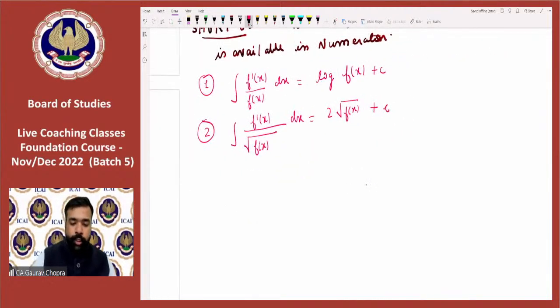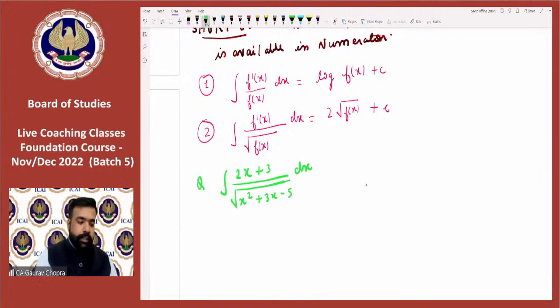So let's do one question based on these. Integration of 2x plus 5 divided by root of x square plus 3x minus 5 and then dx. So we have to find integration of this. Now clearly we can see which kind of shortcut is applicable.